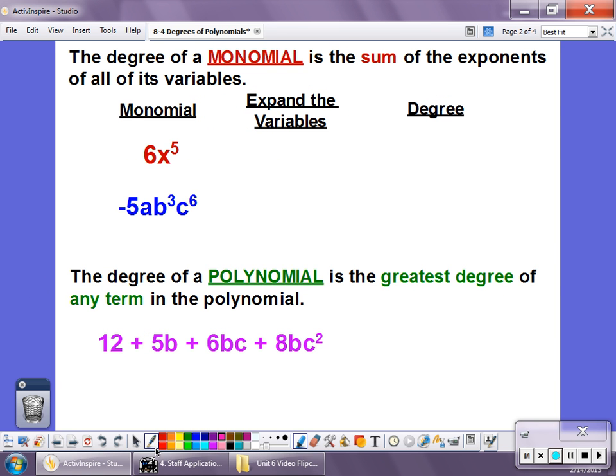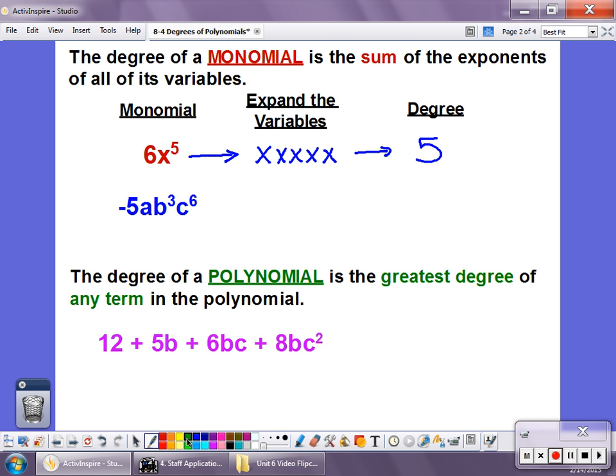Now, the degree of a monomial is made up by looking at the total number of variables that are inside that monomial. So, for example, if I were to expand this and just look at my variables, 6x to the 5th has 5 x's. There are 5 variables in this monomial. That means my degree is 5.